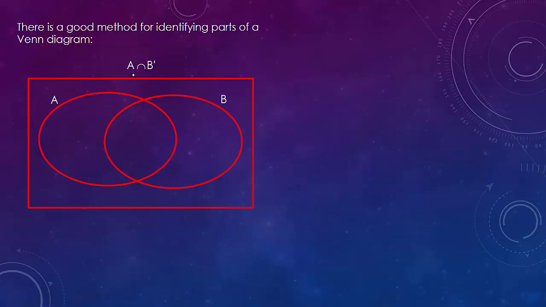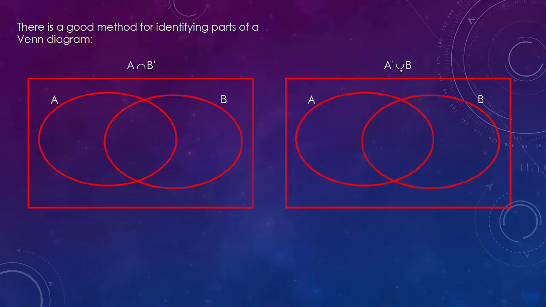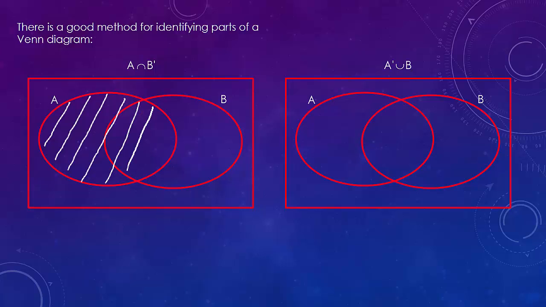So in this diagram, we're going to find A intersection not B, and then we'll come over here and do not A union B. So, for this one here, A intersection not B. What I'm going to do is start by shading A. And then I'm going to get a different coloured pen, and I'm going to shade not B. So not B is everything around the outside of B. It's the complement of B.